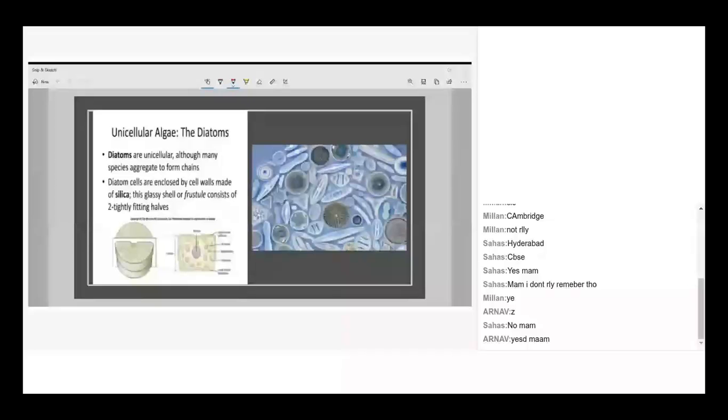Unicellular organism diatoms. These are the diatoms. Those are also shelled structures. The cell wall is made up of silica. So these are the shelled structures you will observe at freshwater seashores. So diatoms are also unicellular organisms.